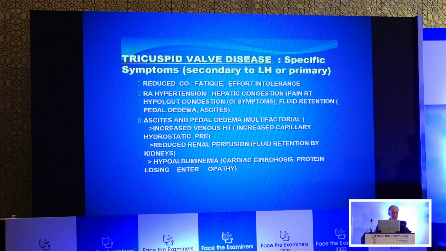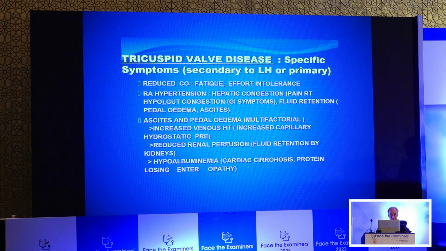The more the involvement of the two, in single valve disease or double valve disease, the chances of functional tricuspid regurgitation increase. We should not forget that organic tricuspid valve disease also is not uncommon. We still do see patients with organic tricuspid valve disease.